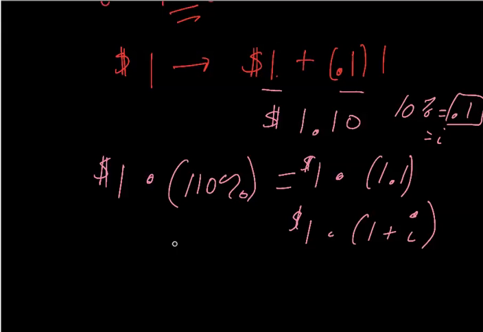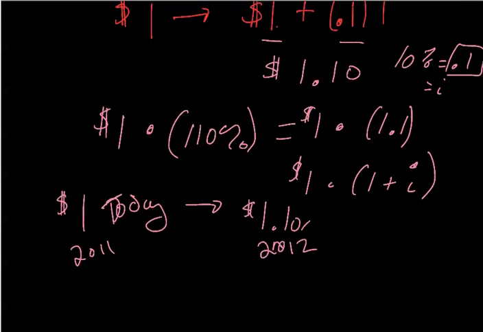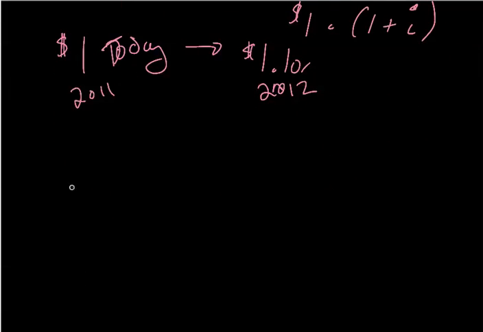So that's what a dollar tomorrow is going to be worth. A dollar today is worth $1.10 next year. So let's say this is 2011, then next year it's 2012. It's $1.10.